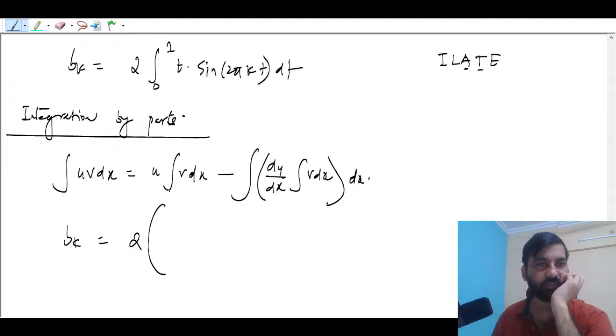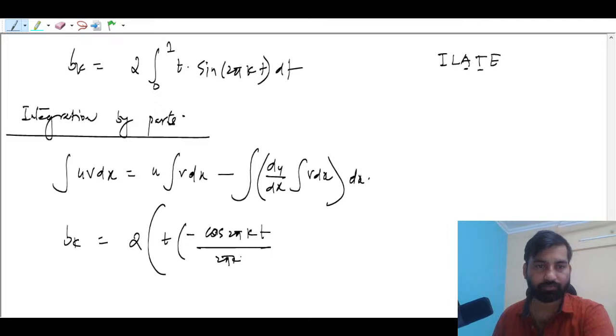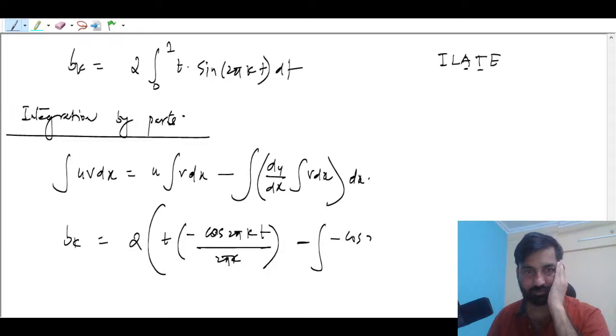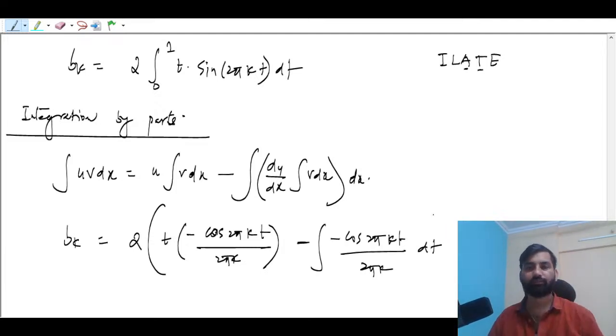So the first function is nothing but t, and the integration of the second function is minus cosine 2 pi kt upon 2 pi k. This is done, minus the differentiation of the first function, which is 1, times the integration of the second function, which is minus cosine 2 pi kt by 2 pi k, and this is nothing but dt only. We can put the limits later.